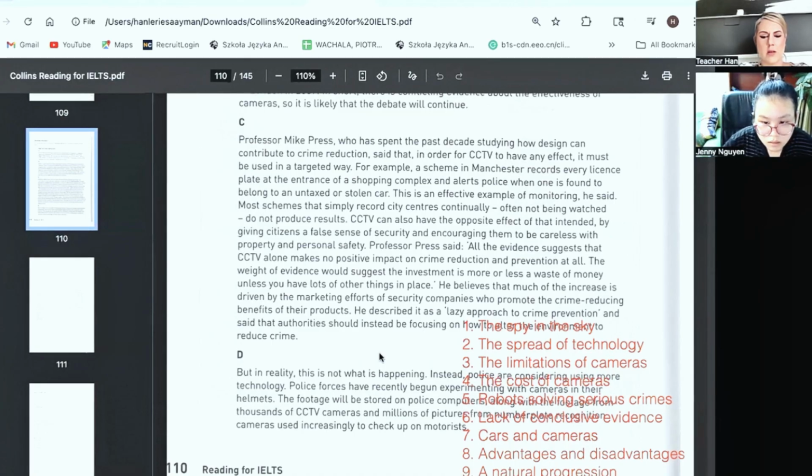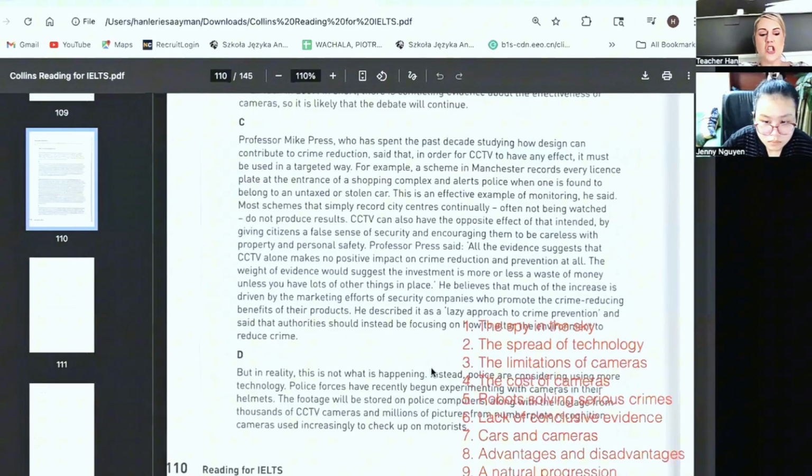So the cost of cameras. So if they can only do certain things and they can't do other things that we wanted to do, then they are what? The limitations of cameras.